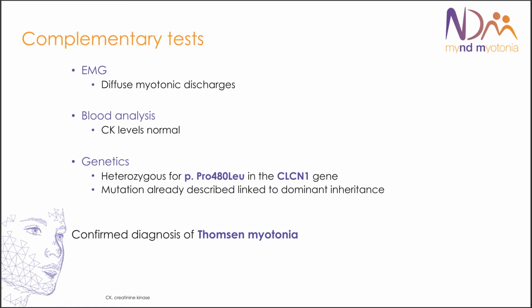EMG showed diffuse myotonic discharge, and in the blood analysis, CKs were normal in this case. We identified just one mutation, in a heterozygous state, in the CLCN1 gene, and this was a mutation that has already been described linked to dominant inheritance. And this was a case that was confirmed as Thomsen myotonia.